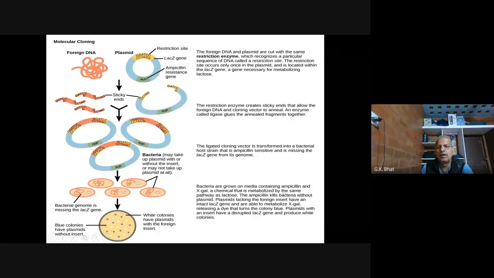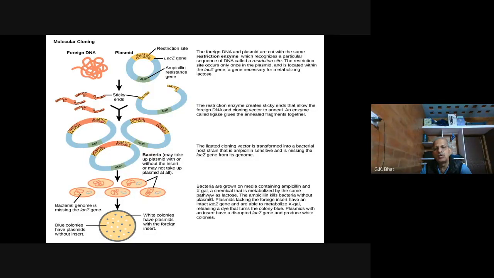Bacteria are grown on a medium containing ampicillin and X-gal. It is grown on media containing ampicillin and X-galactosidase, a chemical that is metabolized by the same pathway as lactose. The ampicillin kills bacteria without plasmid.